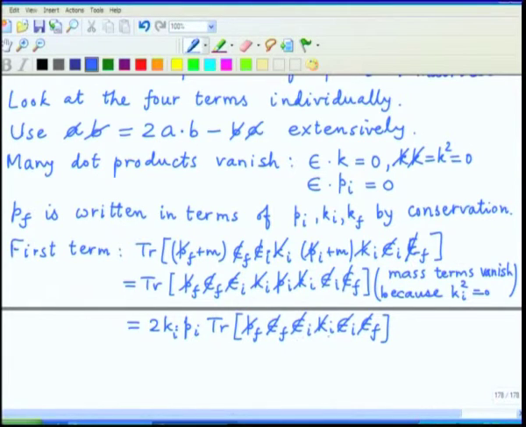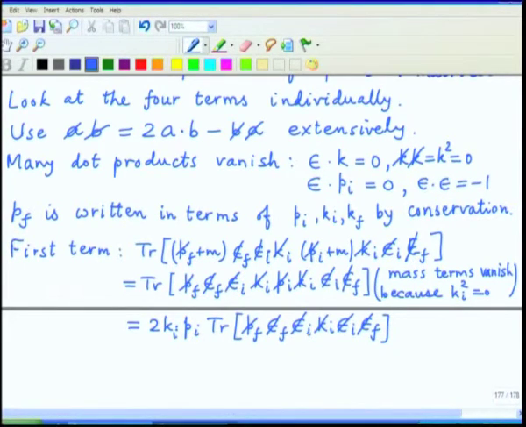So, we can write it in the opposite order. It becomes minus k I slash epsilon I slash, but then there are 2 epsilon I slash together. That also gives an identity which I should have mentioned earlier, that epsilon dotted with epsilon is equal to minus 1, and that can also be used.